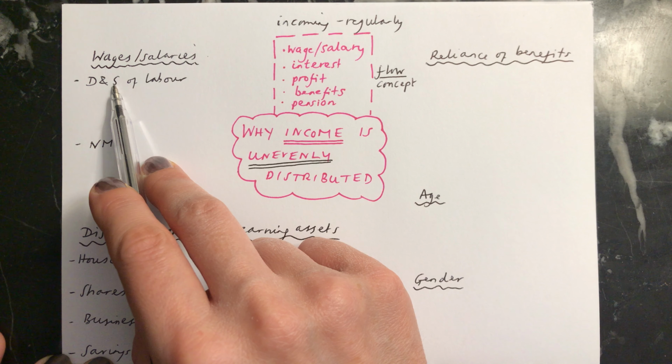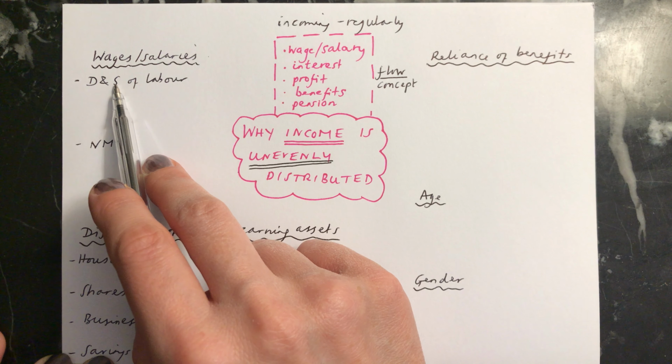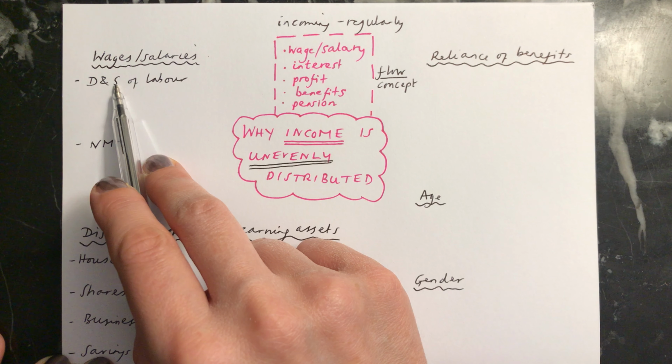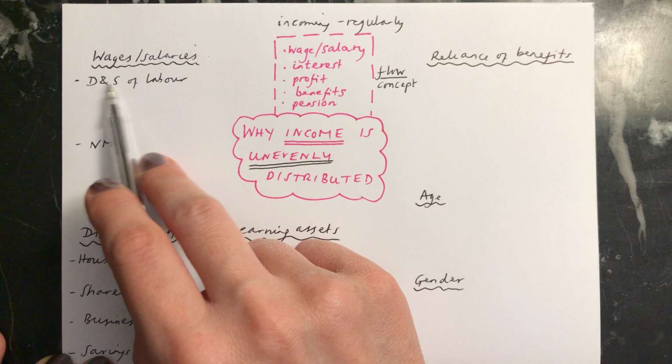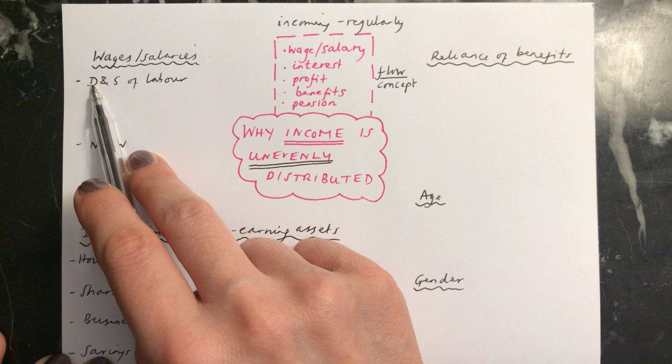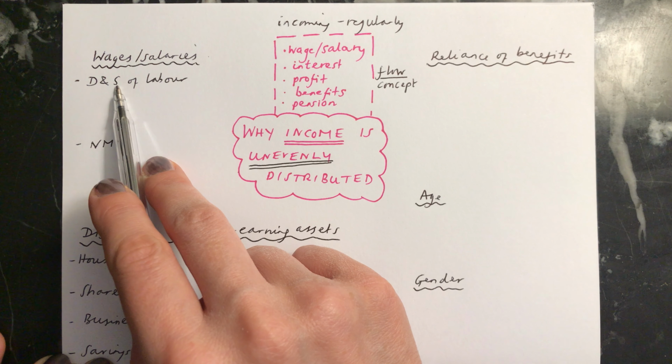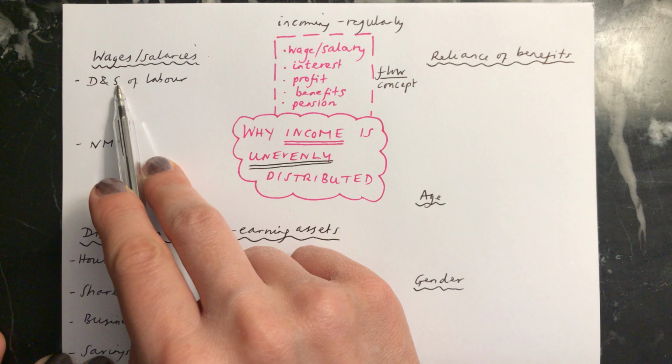Likewise, there are less people, so lower supply of surgeons because of all of the qualifications that you need and the time it takes and the money it takes to train to do that. So therefore supply of surgeons is relatively low and demand is relatively high from hospitals, so they're paid more. But there are some jobs where either there's very little demand or there's a lot of supply of the labour and therefore wages are lower or salaries are lower.